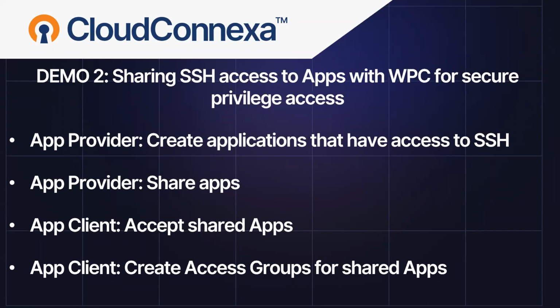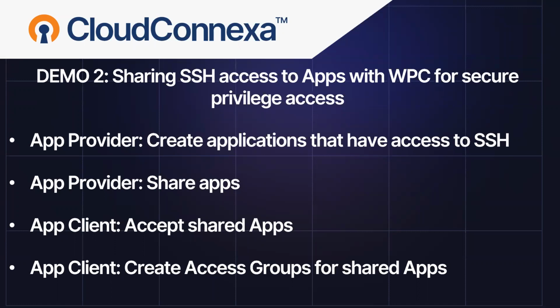So he's going to go back to the original WPC and create applications that have access to SSH, the applications that the tech support folks need access to, and then share those applications with the tech support WPC, and then finally show you that the tech support person still connects to the tech support WPC, but now has access to the shared application.